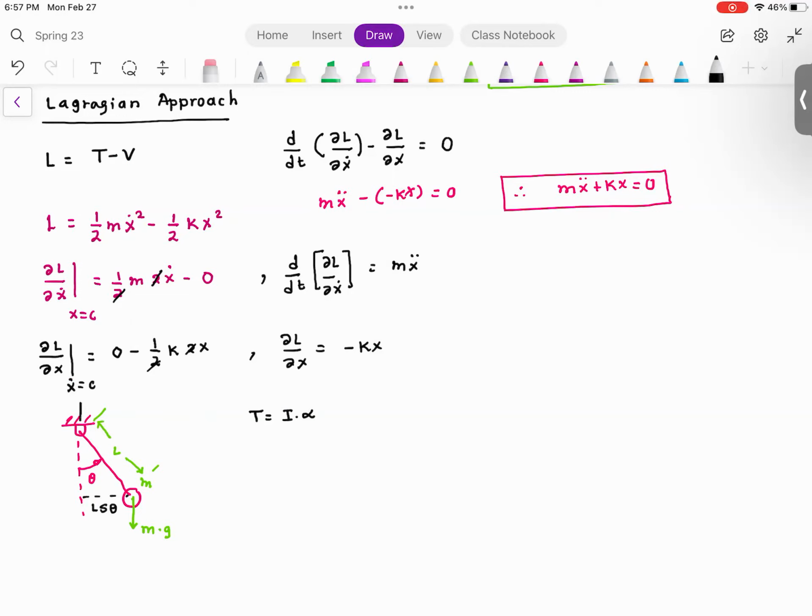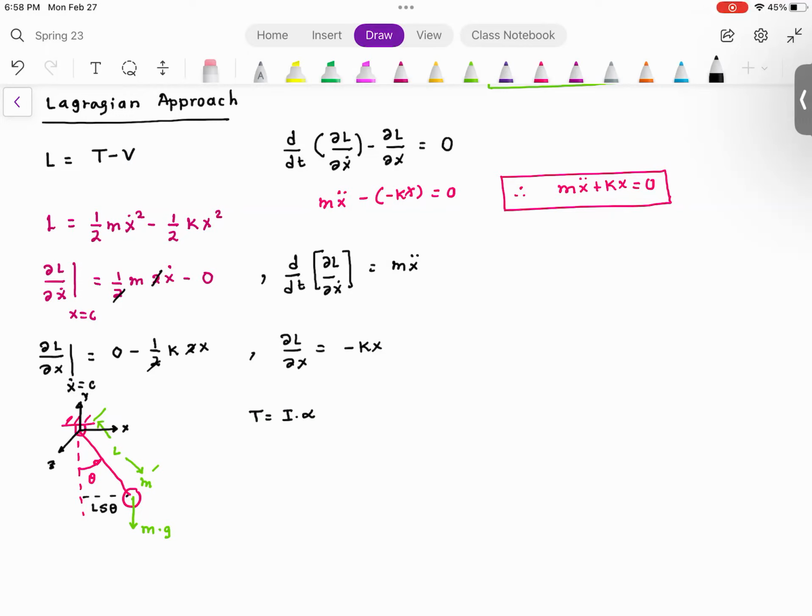Now I want you to identify the coordinate system. This is x, this is y, and this is z. If you curl your fingers in the direction of the torque, my thumb is going towards the negative z-axis.